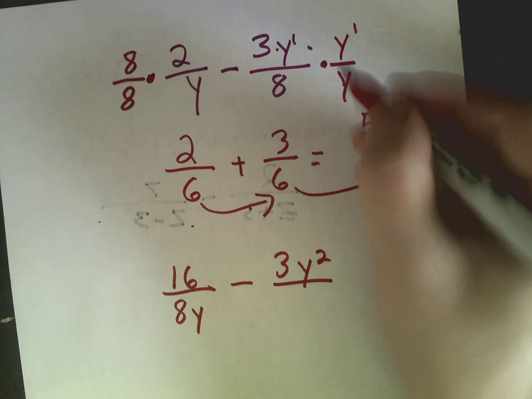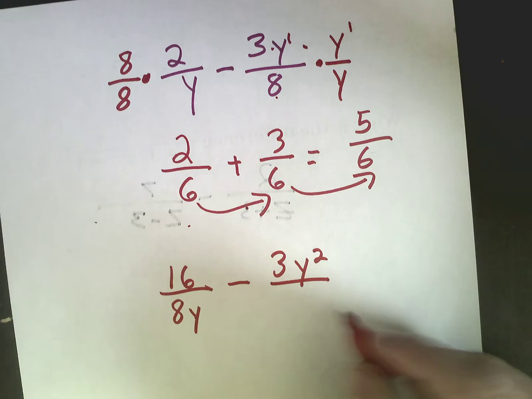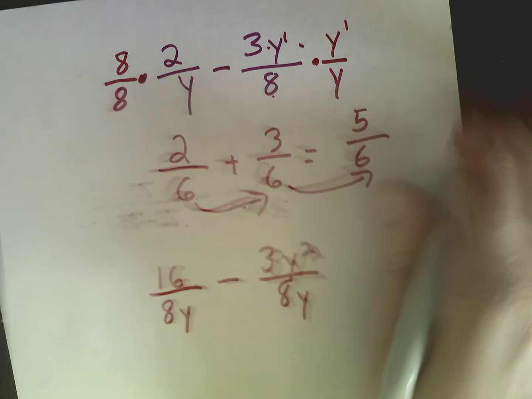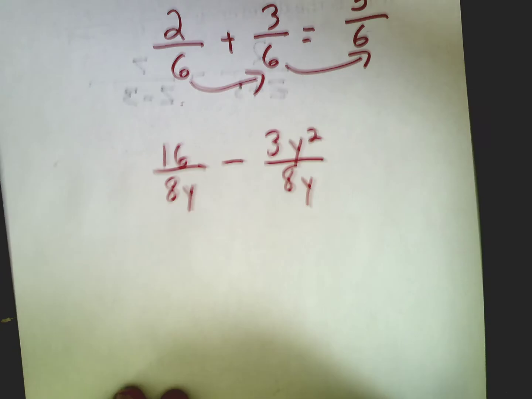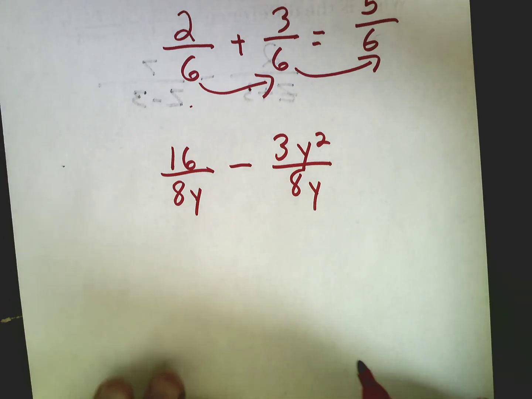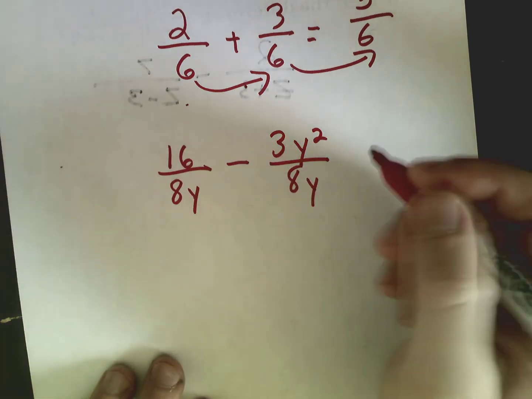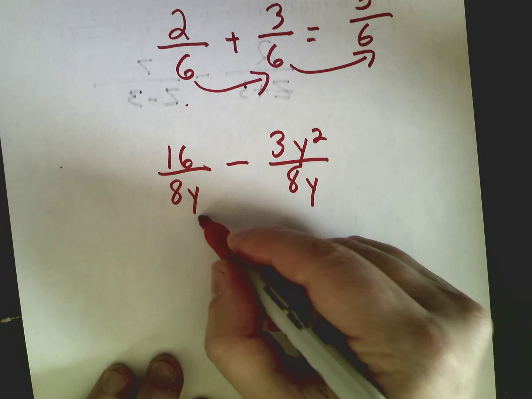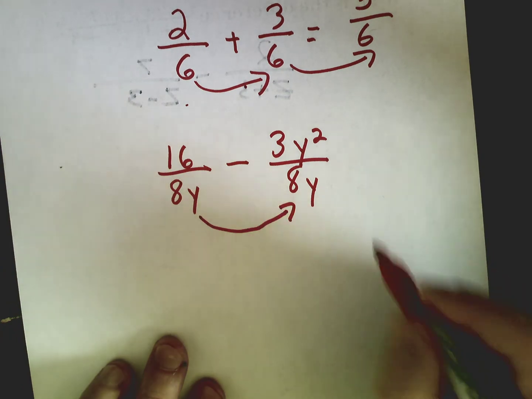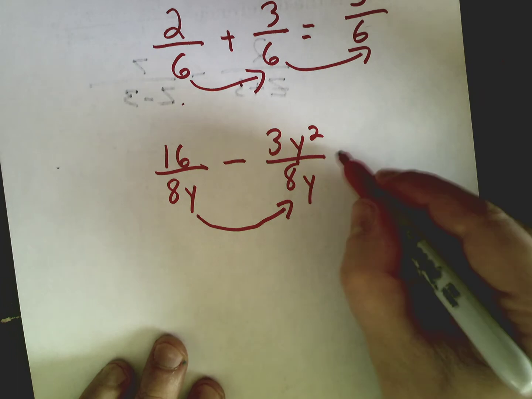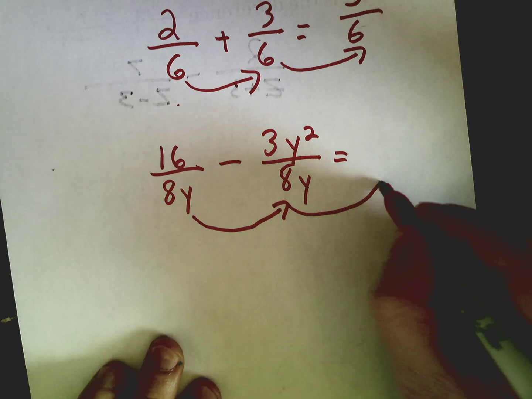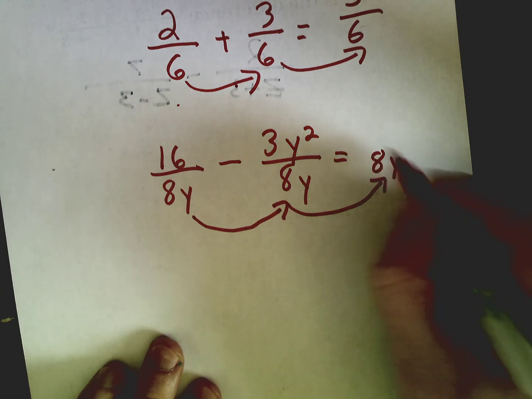And on the bottom, 8 times y, again, is 8y. So now look at this problem. Now this makes sense. I have an 8y and an 8y on the bottom, so my answer is going to have an 8y on the bottom. And that's fine.